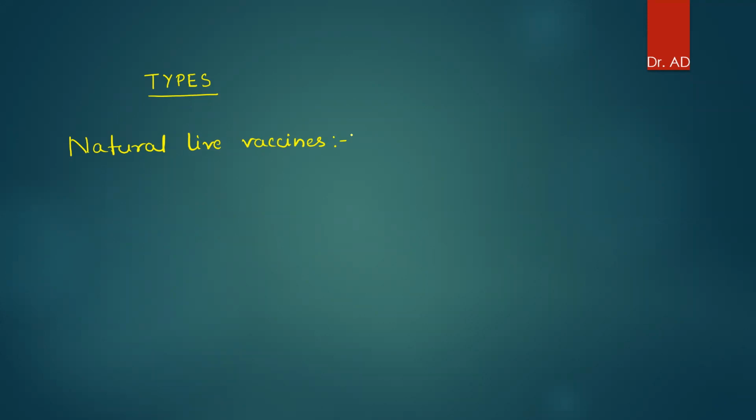But remember, natural live vaccines could turn pathogenic in a host. Currently, live natural vaccines are not in regular use. They are rarely used. Apart from the historical cowpox virus vaccine, no other natural organism are usually used.